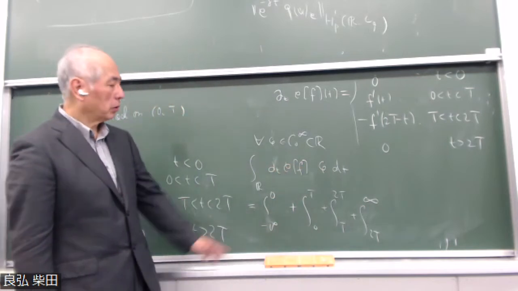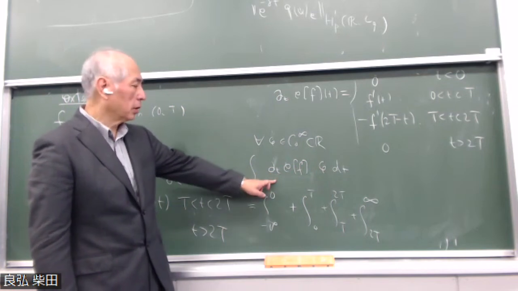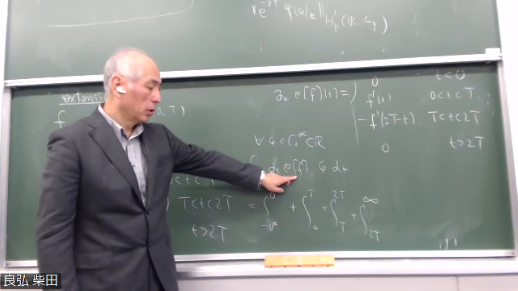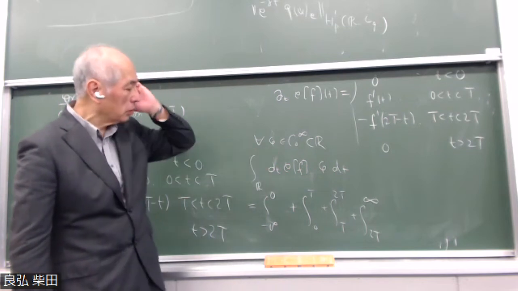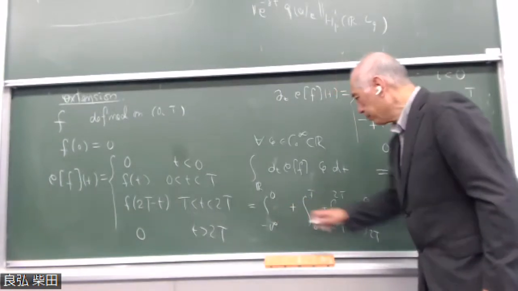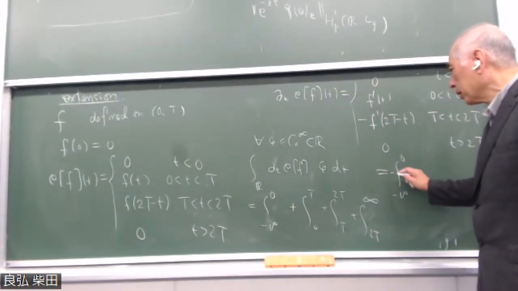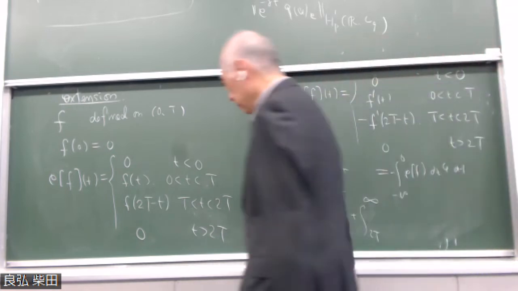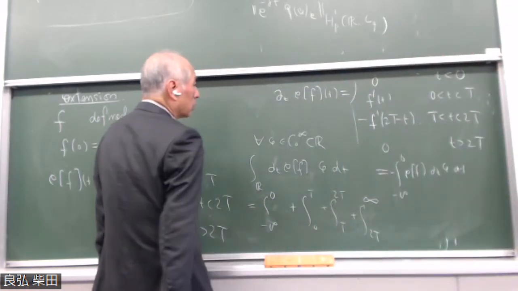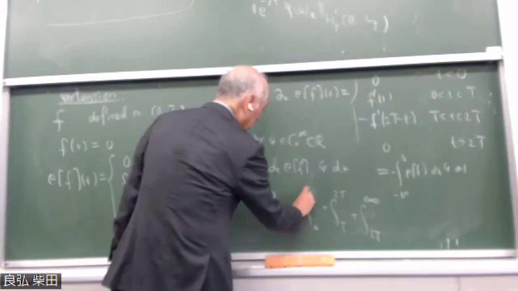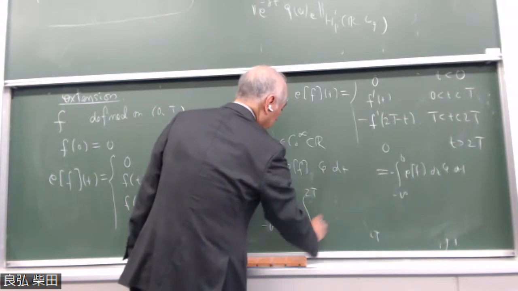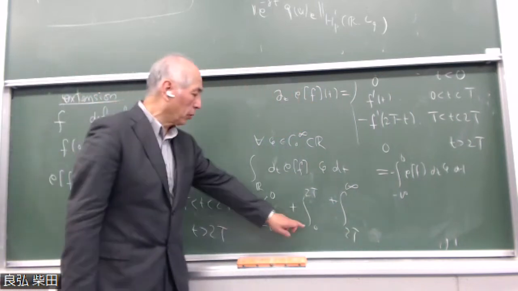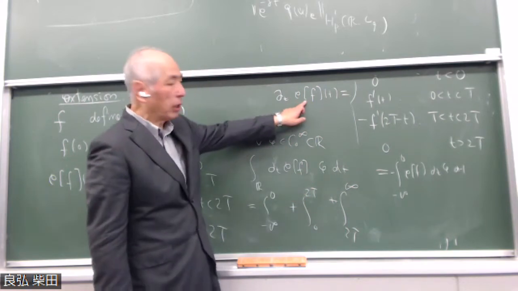At the endpoints t equals 0 and t equals 2T, this vanishes.